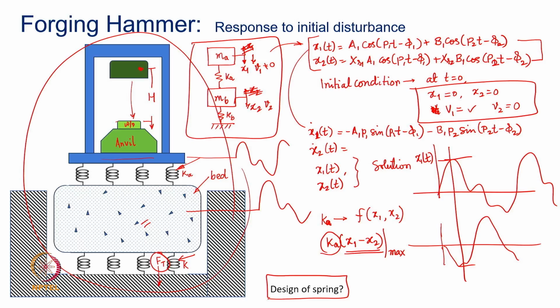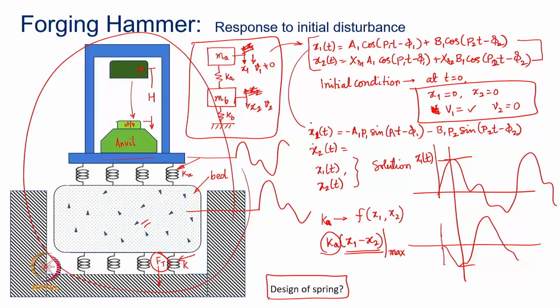Okay, of course, that will be based on only the mass of the bed's motion. That means the displacement x2 will finally decide what is the force going into the ground. Okay, so we will have a very nice actual numeric example based on this particular practical case, and we will explore a little more than simply the spring design, which will be of interest and practical relevance, right.